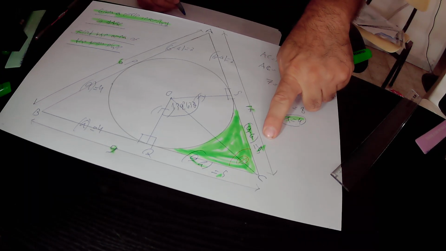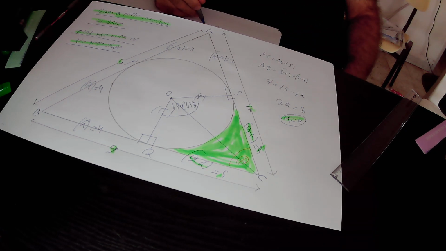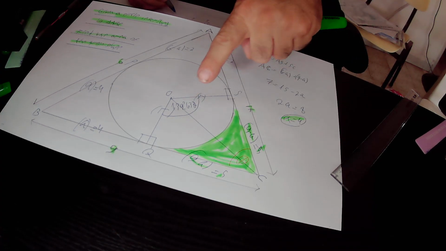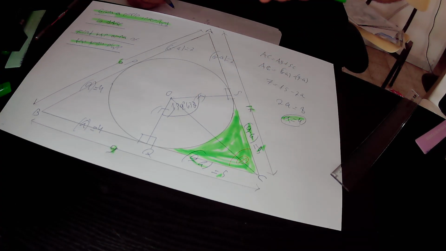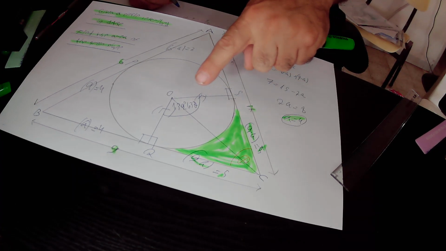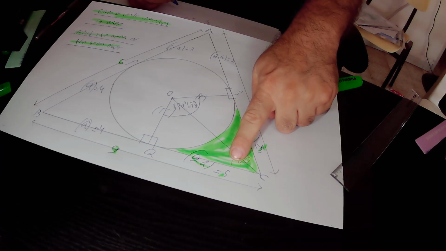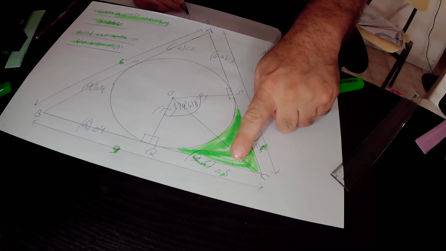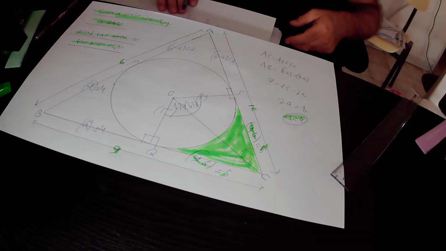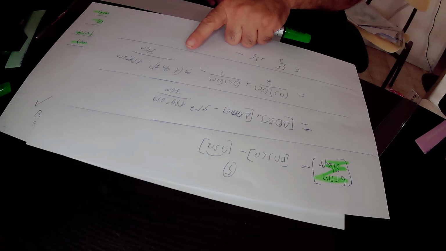We only found out that SC equals 5 units in its length, so it is 5R over 2, plus the area of this right triangle OQC. This equals OQ, which is the radius R, times QC. QC also equals 5 units in its length, over 2, minus the area of sector OSQ.